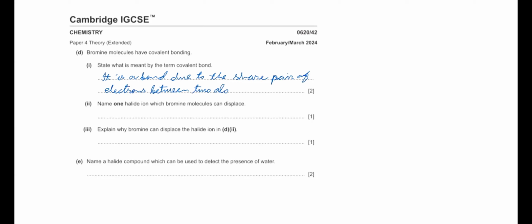You must mention that it is between two atoms and a shared pair of electrons. So you will get the full mark.